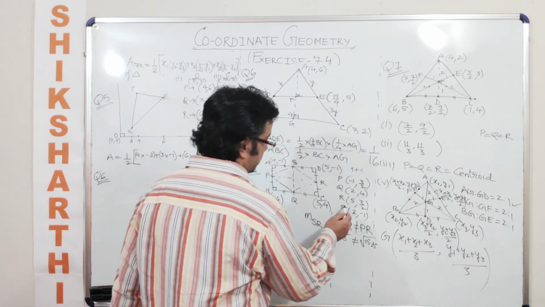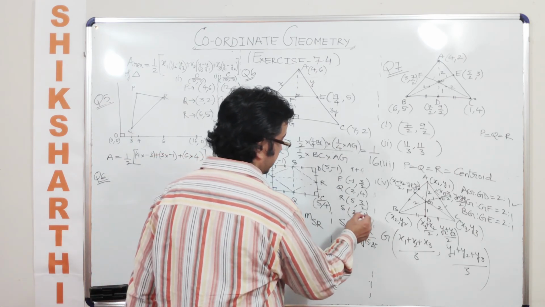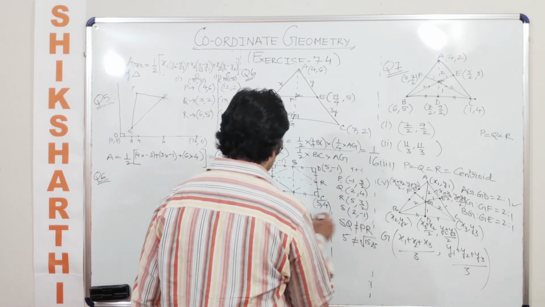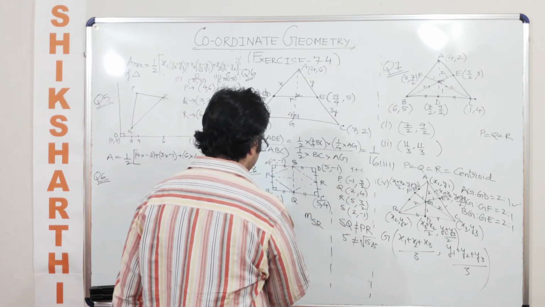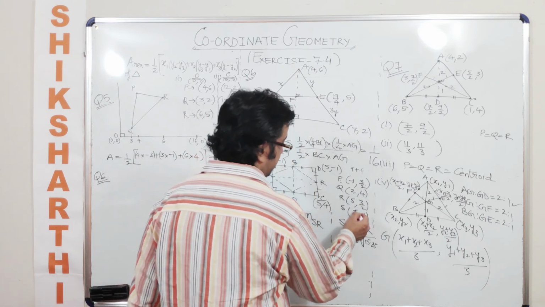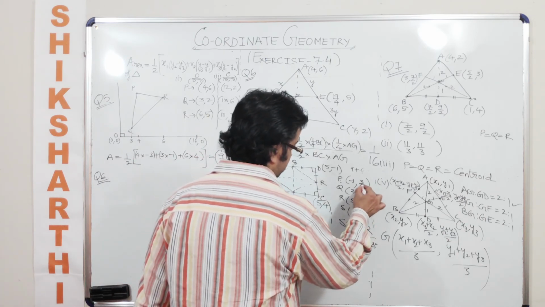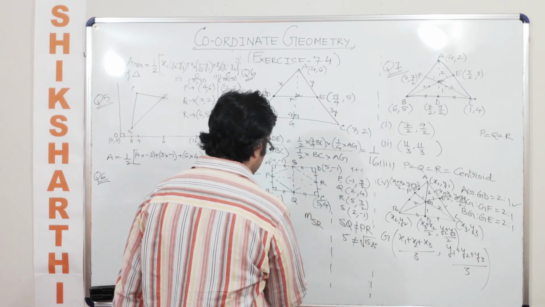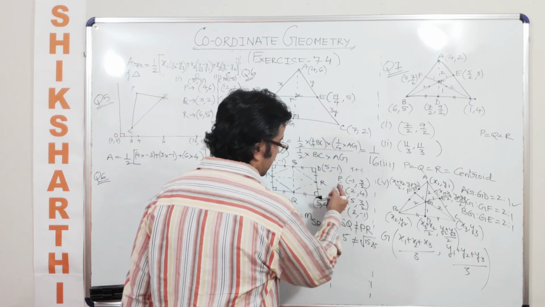Now if you calculate the slope for SP, it is y2 minus y1, which is 2.5, divided by minus 3. SR, let us find it out.